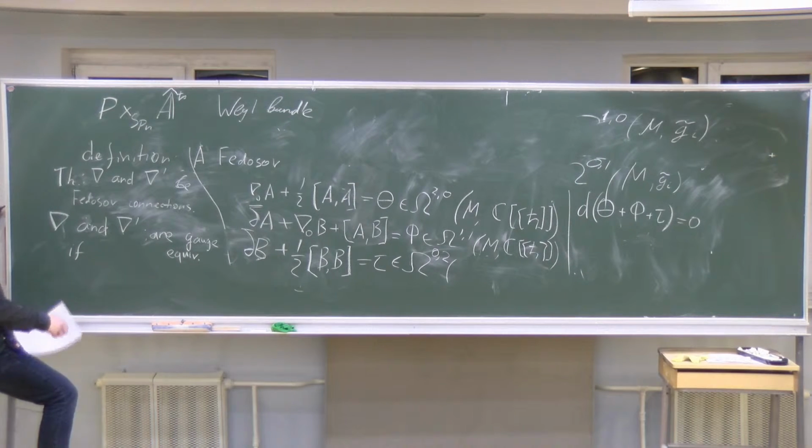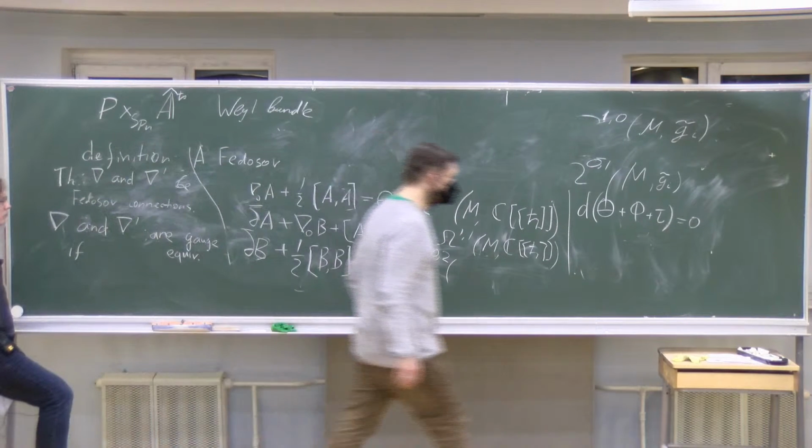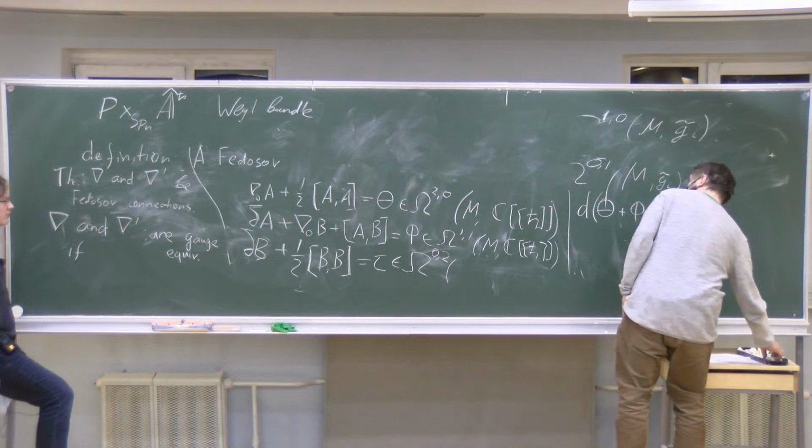Actually, when I talked about Fedosov quantization, let me make this brief digression again. There was a theorem which was the crucial part of the theory. The theorem is as follows.